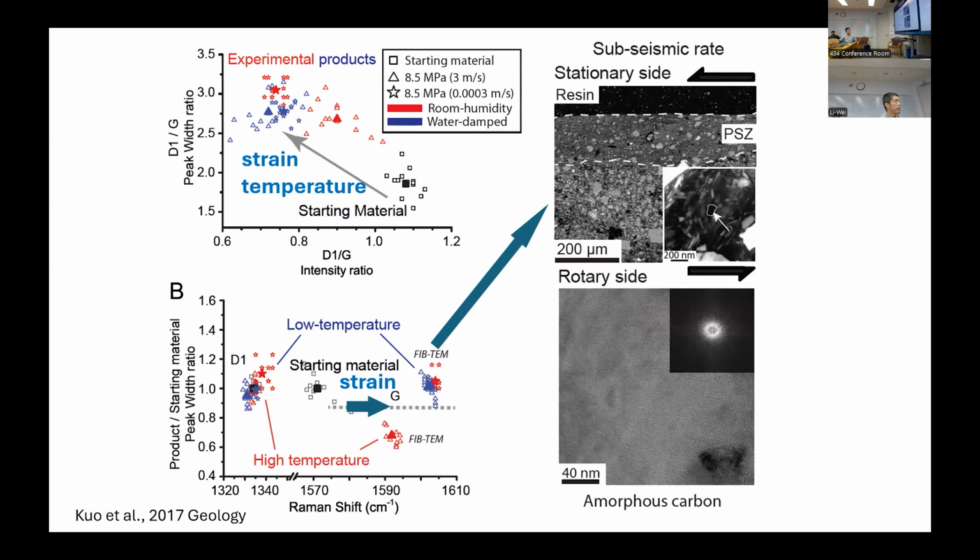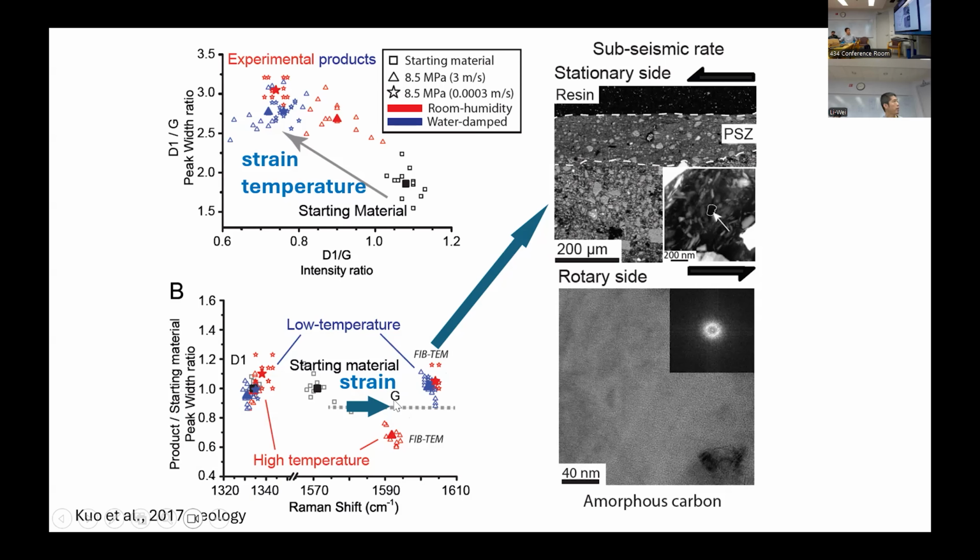So we do Raman, and for the R1 ratio of the starting material, after the experiment, either low or high velocity, you can see there's a change to a low R1 value. But if you compare the FWHM, the full width at half maximum, you can divide into two groups over here. The first group is here, and the second one is here, compared to the starting material.